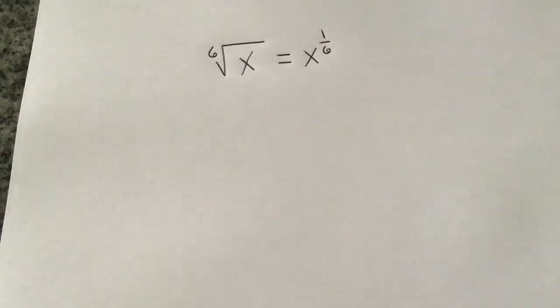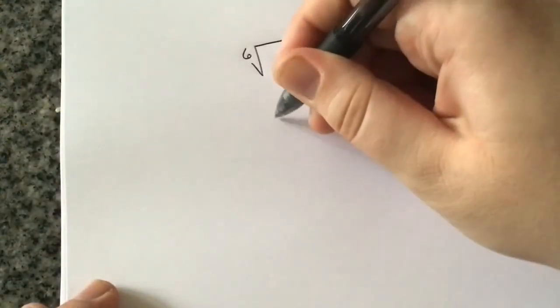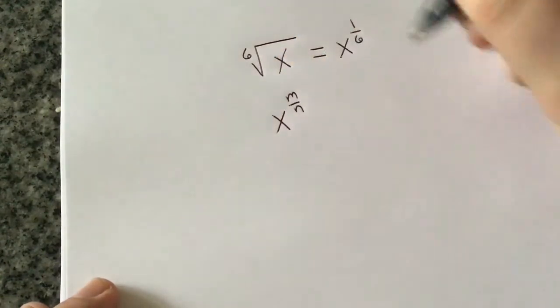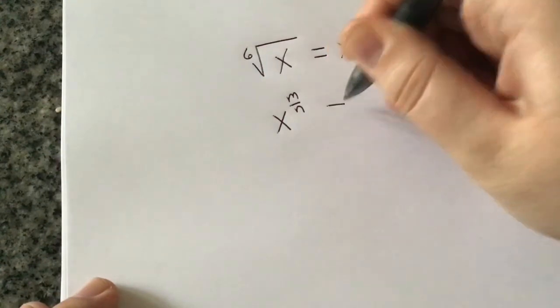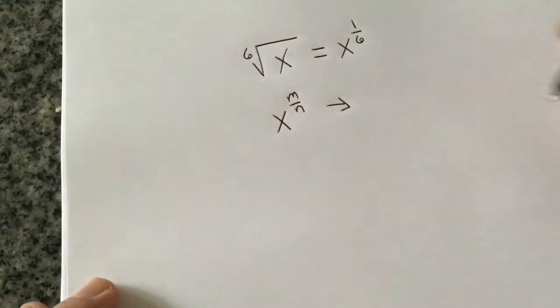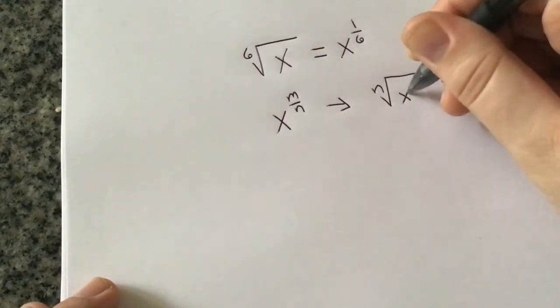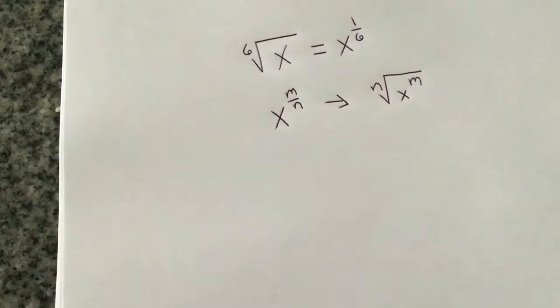So here's what happens, and I'm going to represent this in variables so you can see how things move around. If we had x to the m over n power, then you could rewrite that fractional exponent as the nth root of x to the m power.